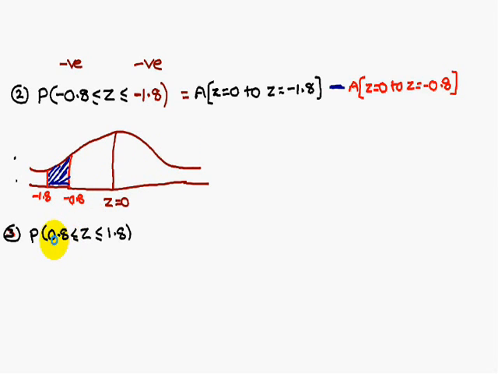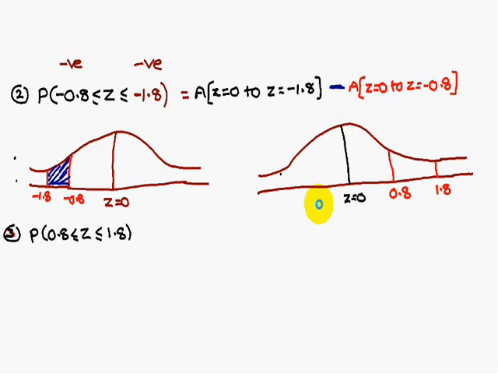Similarly, probability of 0.8 less than or equal to z less than or equal to 1.8, both are positive. Always draw a bell shaped curve. Here I am representing z is equal to 0. 0.8 you place on the right hand side, similarly 1.8. This is the area you have to find out.